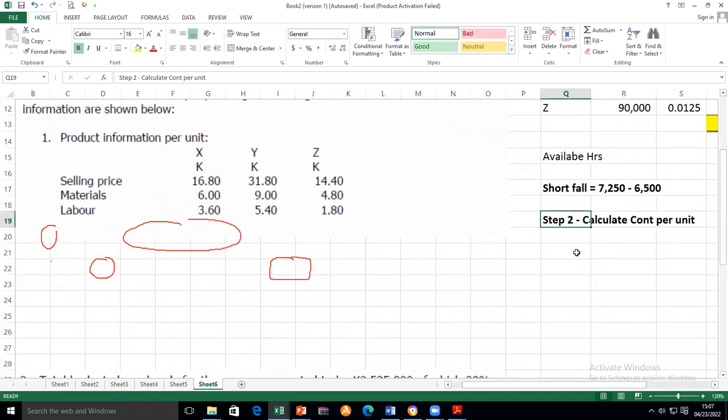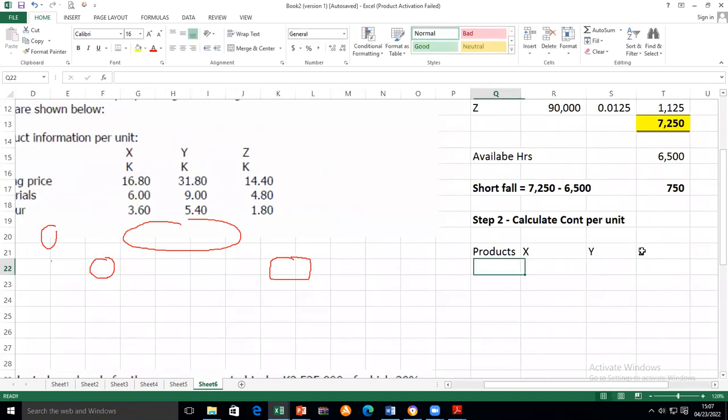You take your products, which are X, Y, and Z. The selling price, and then you've got a variable cost in terms of materials and labor, and also variable overhead.